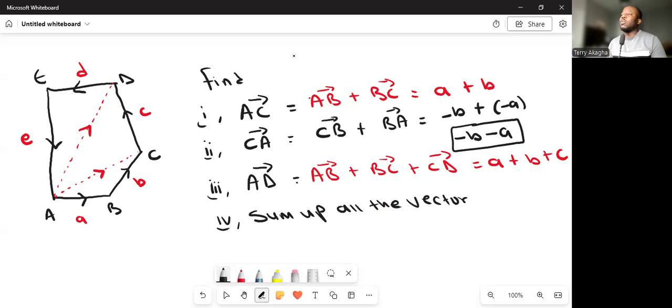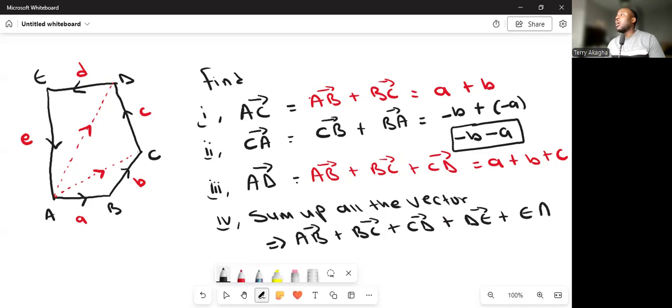It's going to give us, we're moving from AB, we're then adding BC, we're then adding what? CD, we're then adding what? DE, and we're then adding what? EA. Now you can see in this case that we are back to where we started.